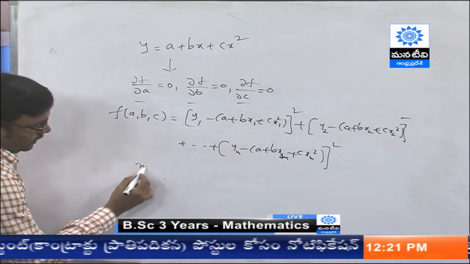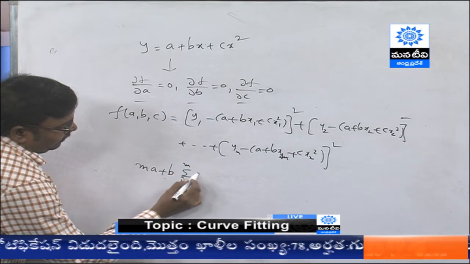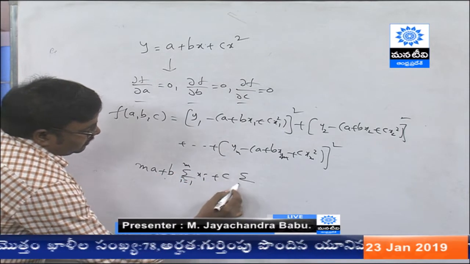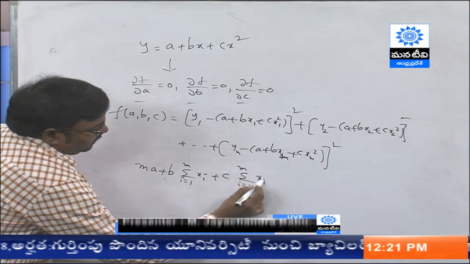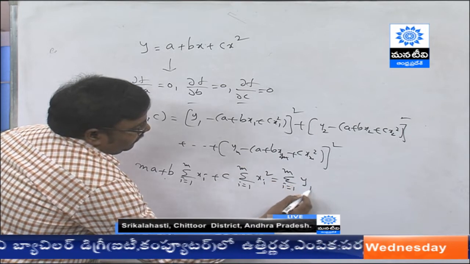They are m a plus b times summation i equal to 1 to m xi plus c into summation i equal to 1 to m xi square, which is equal to summation i equal to 1 to m yi.